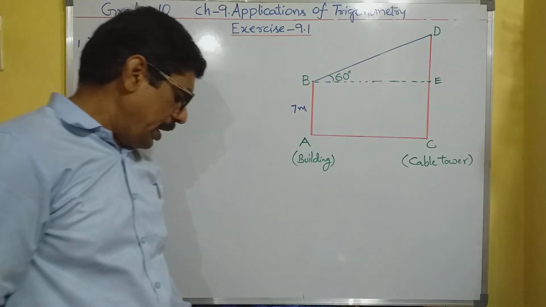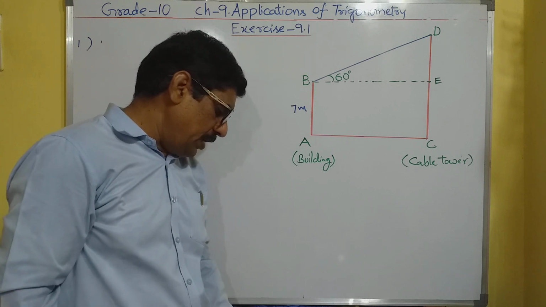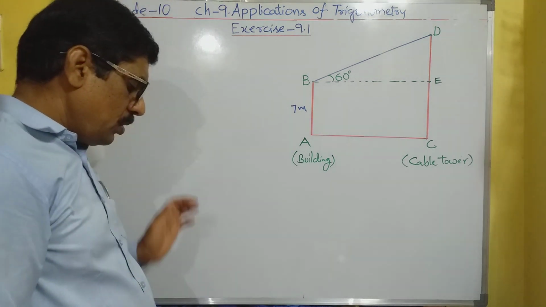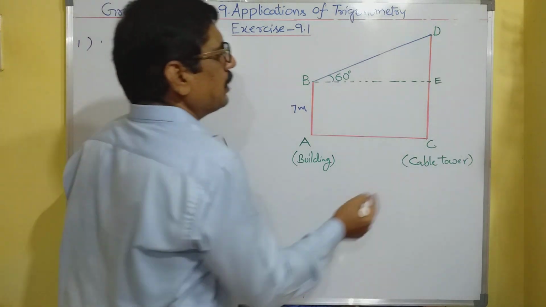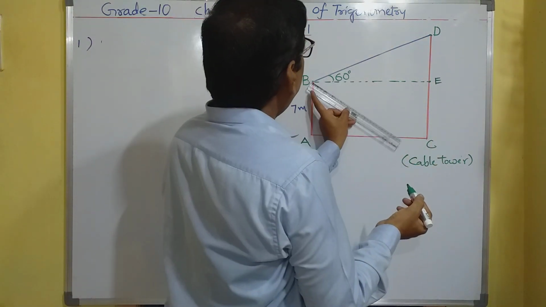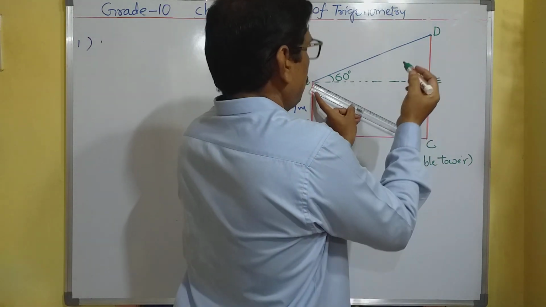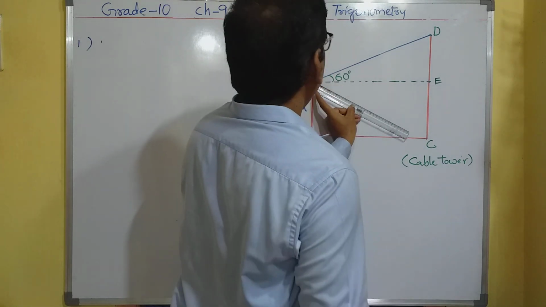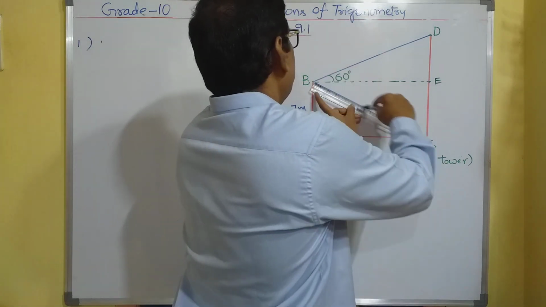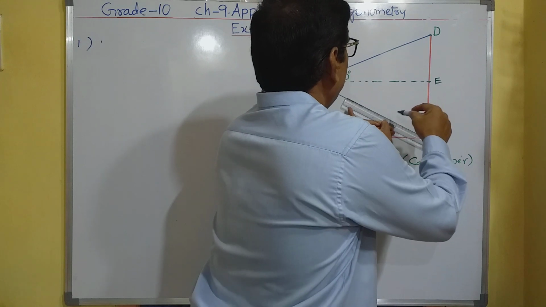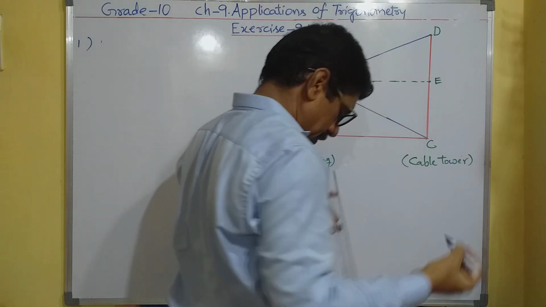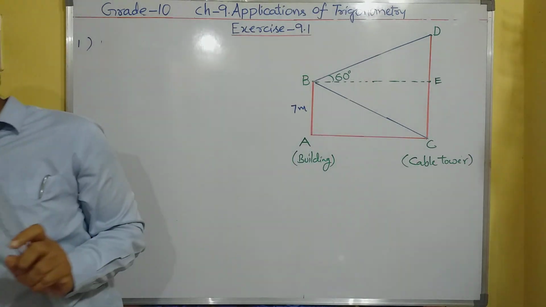Okay, and also he has given that the angle of depression of the foot of the cable tower is 45 degrees. If you look at the foot of the cable tower like this, this was found to be 45 degrees. That is the angle of depression.